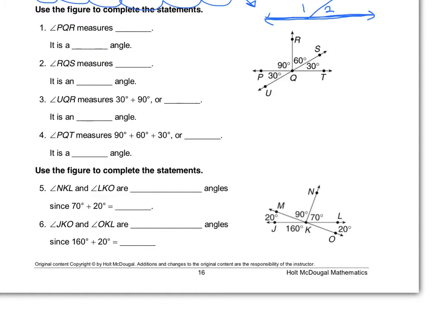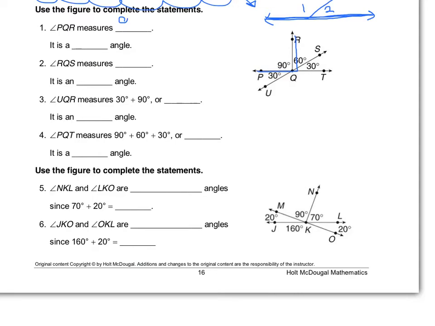Looking at number 1 through 4, this should be really quick. We're going to find the measure and give its name as far as acute, obtuse, or right. So PQR. See that angle there?